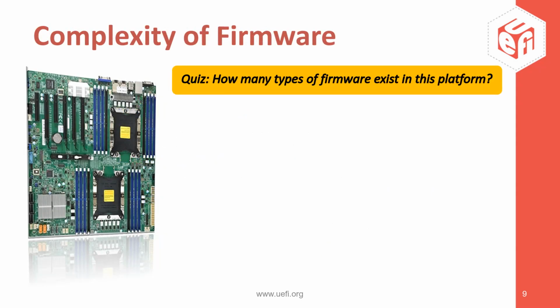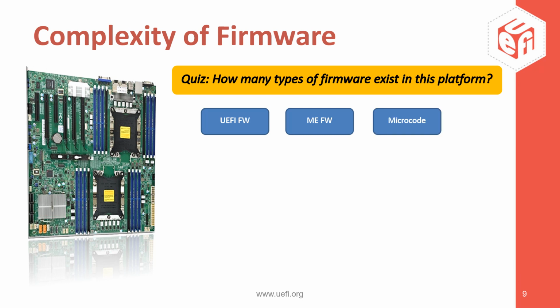So when we talk about firmware, how many different types of firmware exist in a typical PC platform or desktop platform today? We have the UEFI firmware. We have management engine firmware. We have CPU microcode. We've got BIOS ACMs. We've got SINIT ACMs.